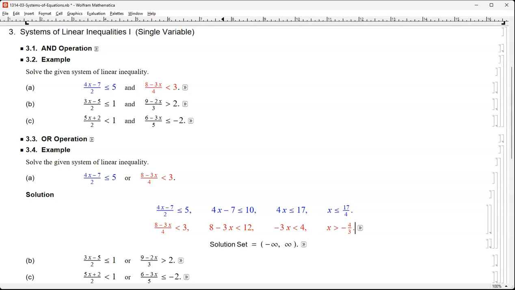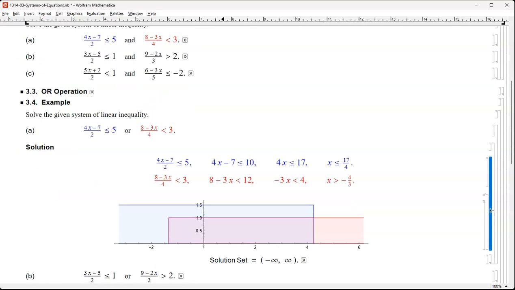And then here's a visualization. We're looking for the union, so it's okay to be covered by anything. Covered by blue, or covered by red, or purple, covered by both. All okay. So we end up with entire real line, negative infinity to positive infinity.